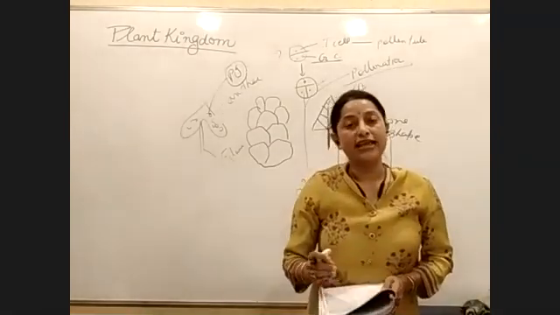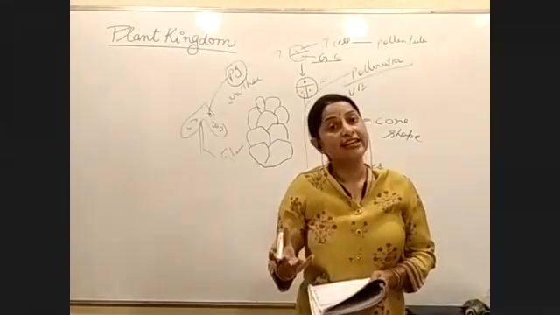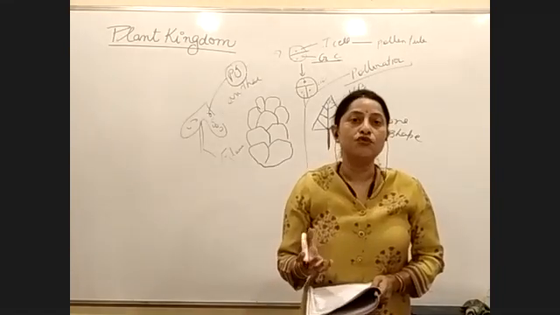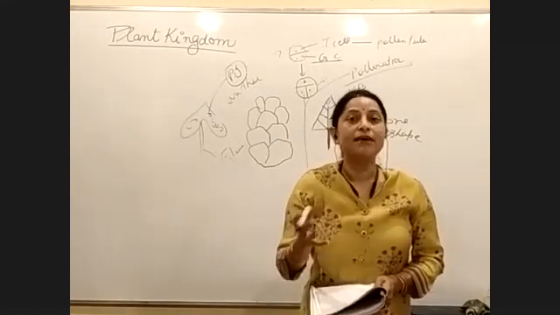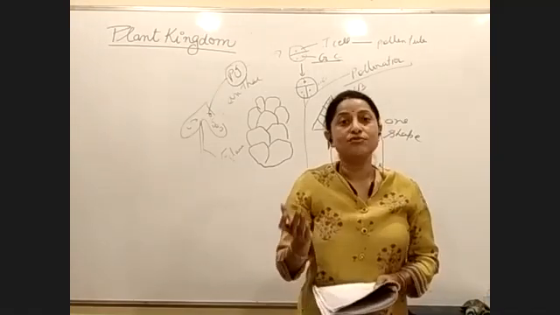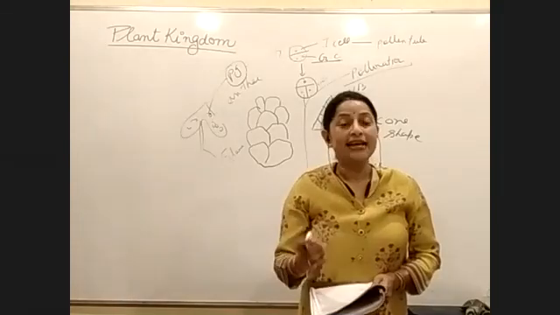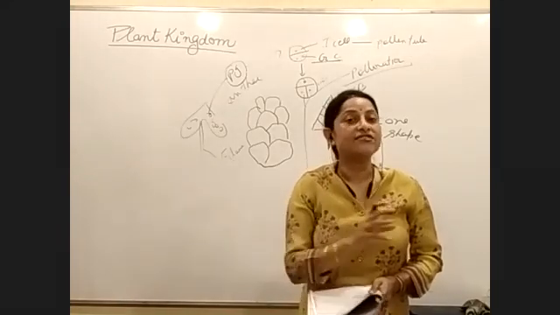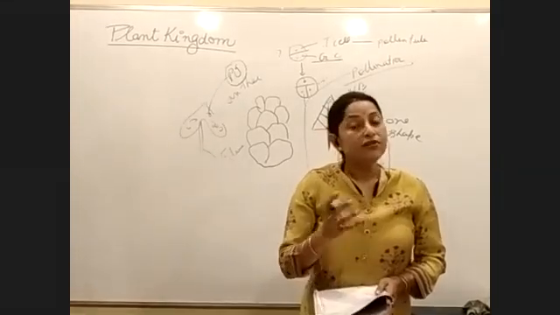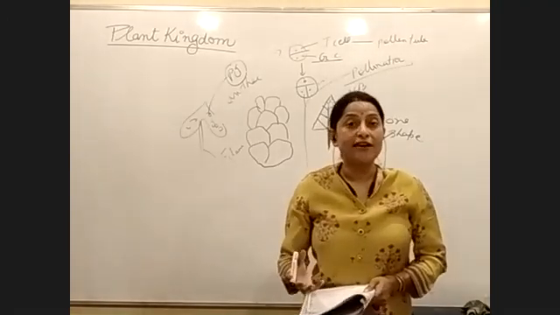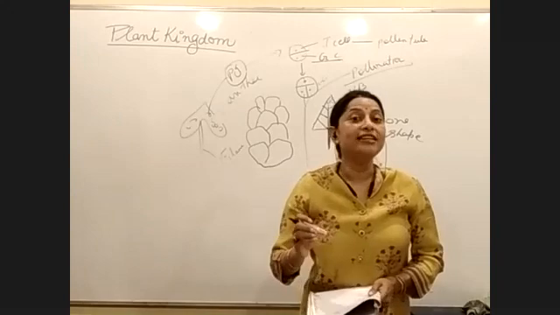Gymnosperms show anemophily, wind pollination. So if the pollen grains need to float or be carried by the wind, obviously they have to be a light structure. For wind pollination, that is one specific characteristic they must have. Whenever we talk about pollination, it is not like in each and every plant wind pollination happens.